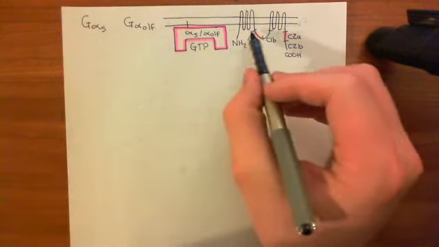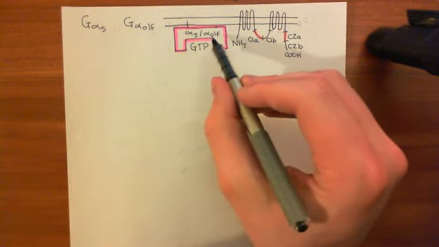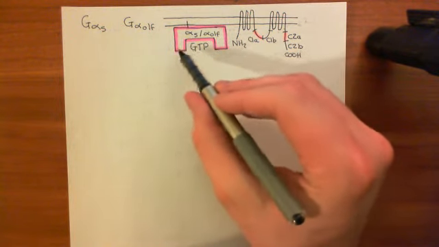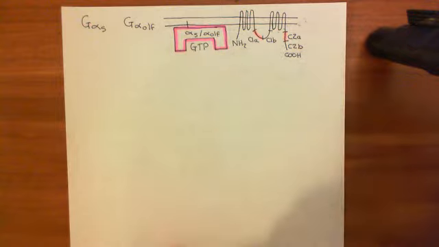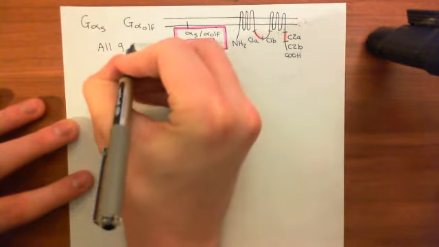Okay, so by binding to both the C1 domain and the C2 domain, the alpha S/alpha OLF subunit, which has GTP bound to it, promotes the dimerization of the C1a and C2a domains, and hence promotes the activation of the adenylyl cyclase enzymes. And they will do this for all 9 forms of adenylyl cyclase.